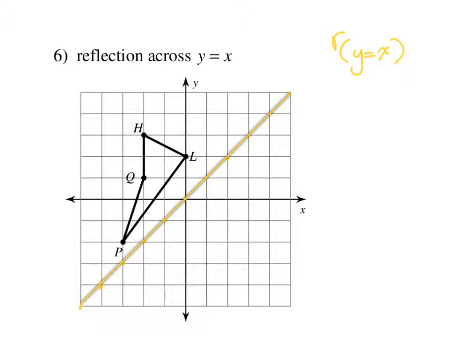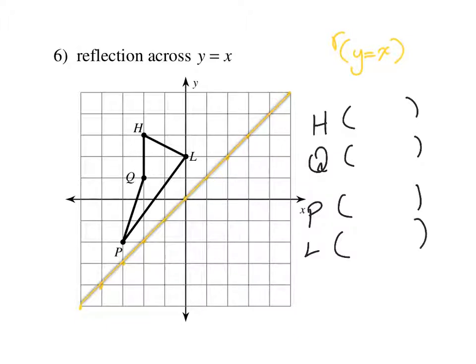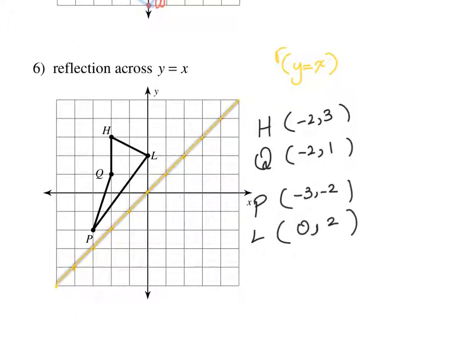Okay, so again, I don't want to do this because it's not very reliable. So I'm going to take the points and write down the coordinates of those points. So I'm going to write H, Q, P, and L and write down the coordinates of each one of them. So go ahead and pause the video and write the coordinates of each one. Okay, so these are the coordinates of H, Q, P, and L.